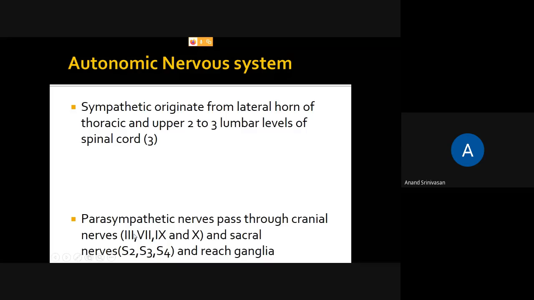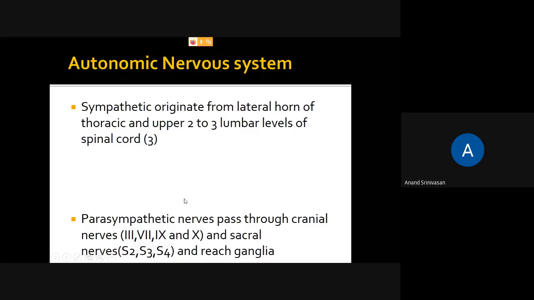So which cranial nerves? What is the third cranial nerve? The third cranial nerve is oculomotor. The seventh cranial nerve is facial. The ninth cranial nerve is glossopharyngeal. And the 10th, I hope everybody knows this. What is the 10th cranial nerve?